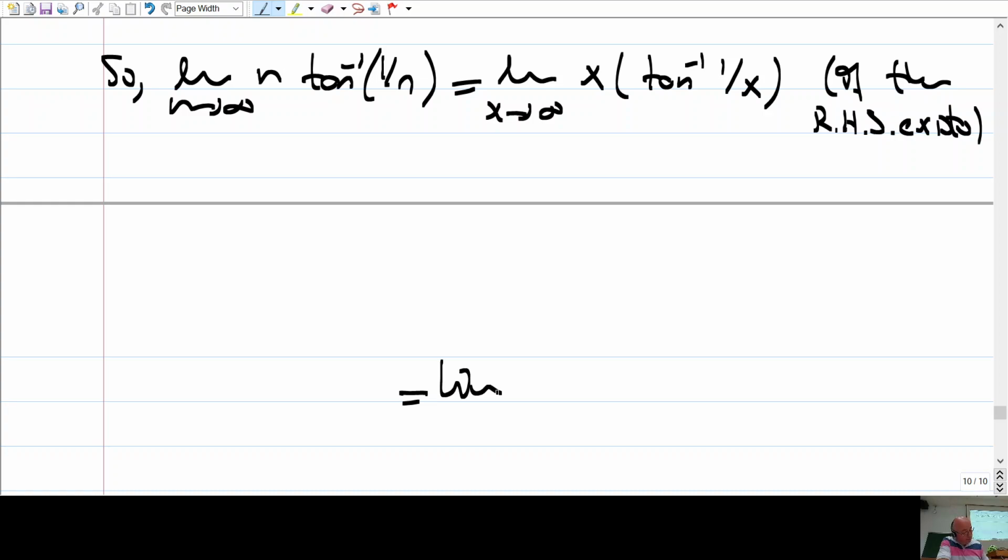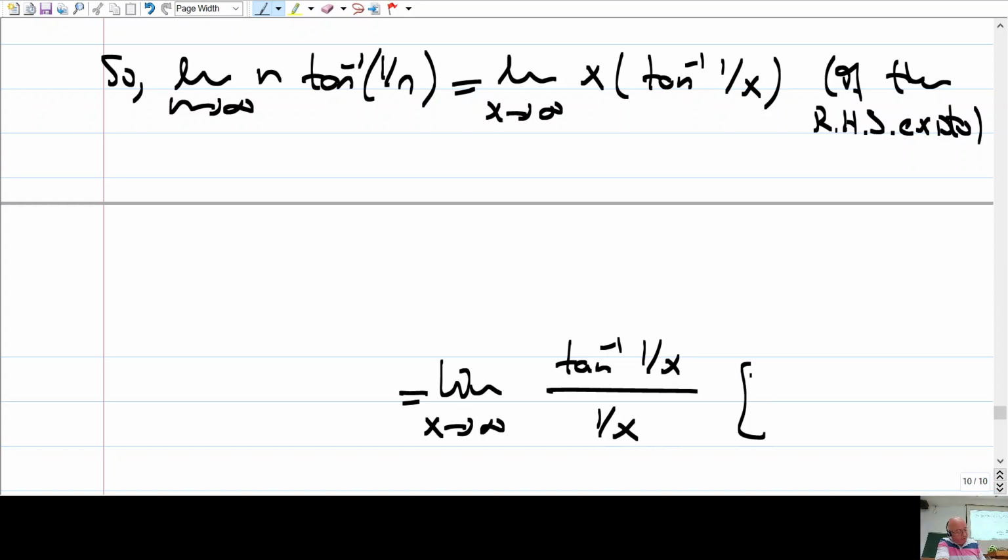I can write this limit as follows. This is just tangent inverse of 1 over x divided by 1 over x. Now it has the form 0 over 0, right? As x goes to infinity, tangent inverse of 1 over x goes to 0, and 1 over x goes to 0. So I have the 0 over 0 case.